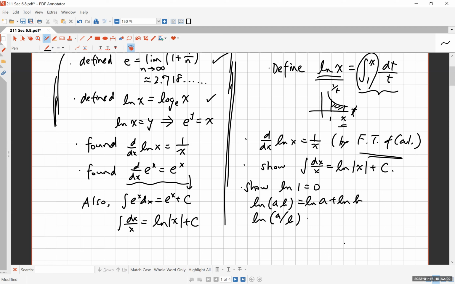And then you can show that Ln of A divided by B is Ln of A minus Ln of B. You can also show that Ln of A to the kth power is k times Ln of A, and so on. Okay, so this shows that this Ln behaves like a logarithm.